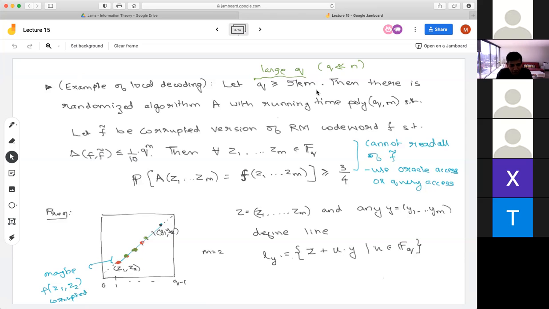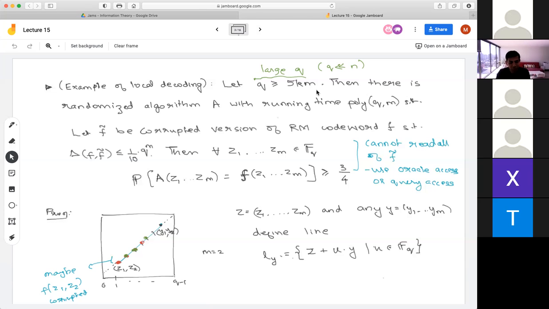But if we look at a random line passing through this point (z1, z2), and we'll define a random line in a minute, but intuitively, you can pick a direction and then just walk along in that direction, and we'll do the finite field version of it. Then we can say that the typical fraction of corrupted points along a line will be small, maybe 1/10.